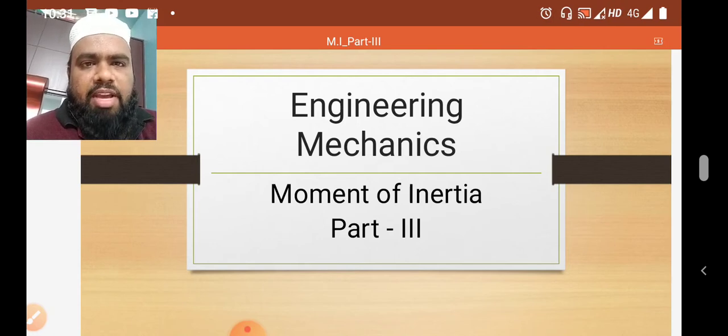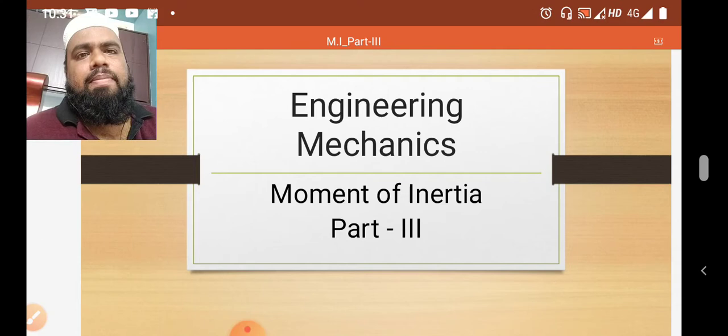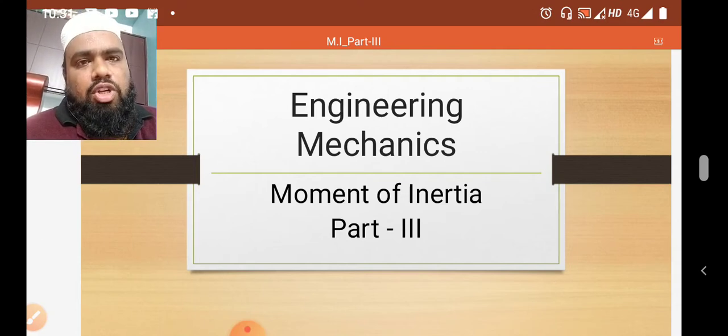In every video I am mentioning this point: moment of inertia will be calculated by using an axis only. So moment of inertia about some axis is very important.